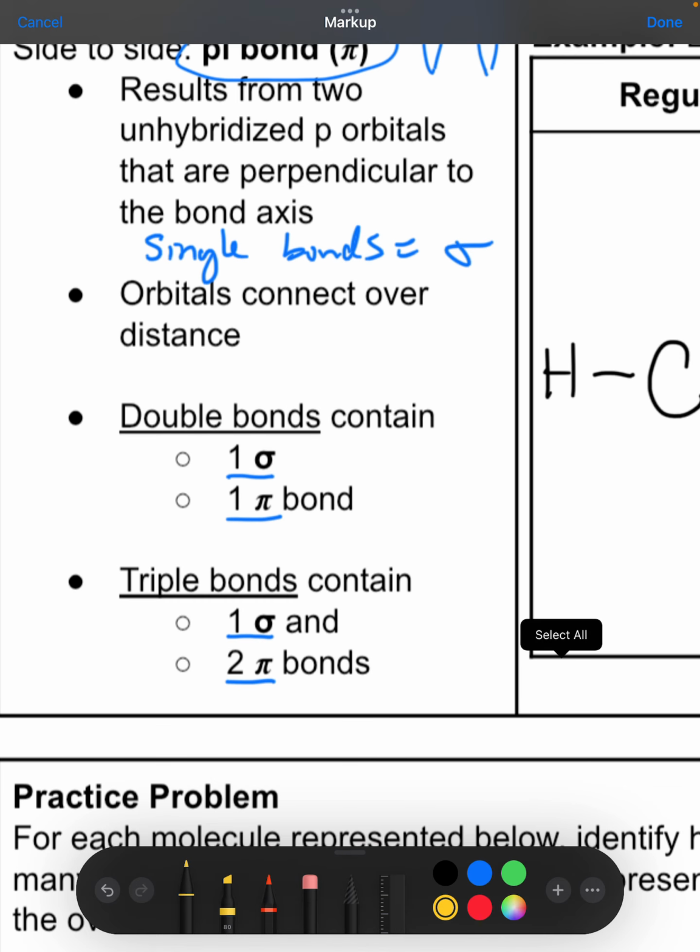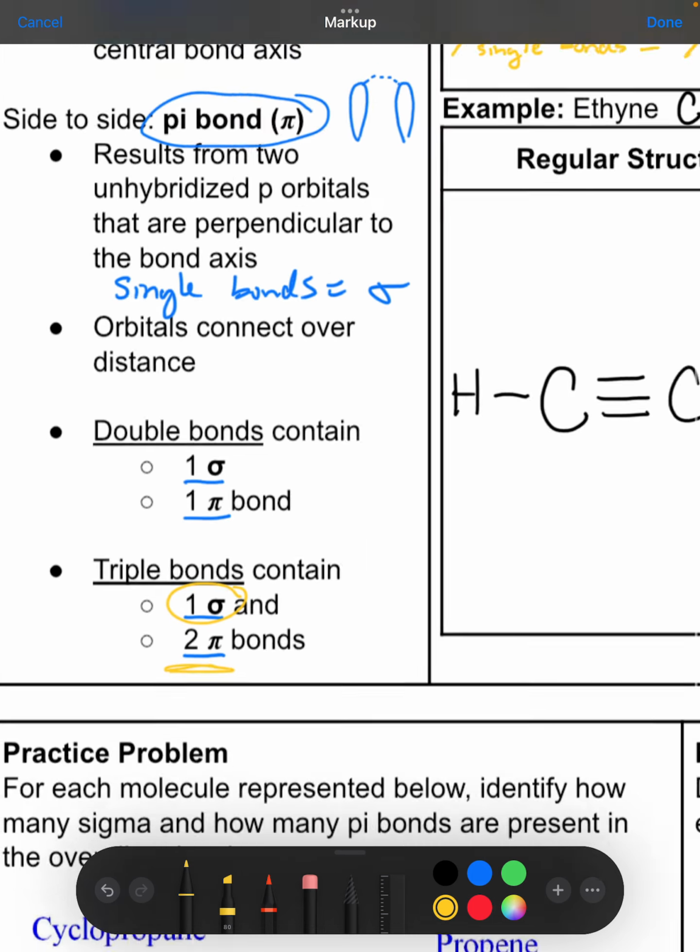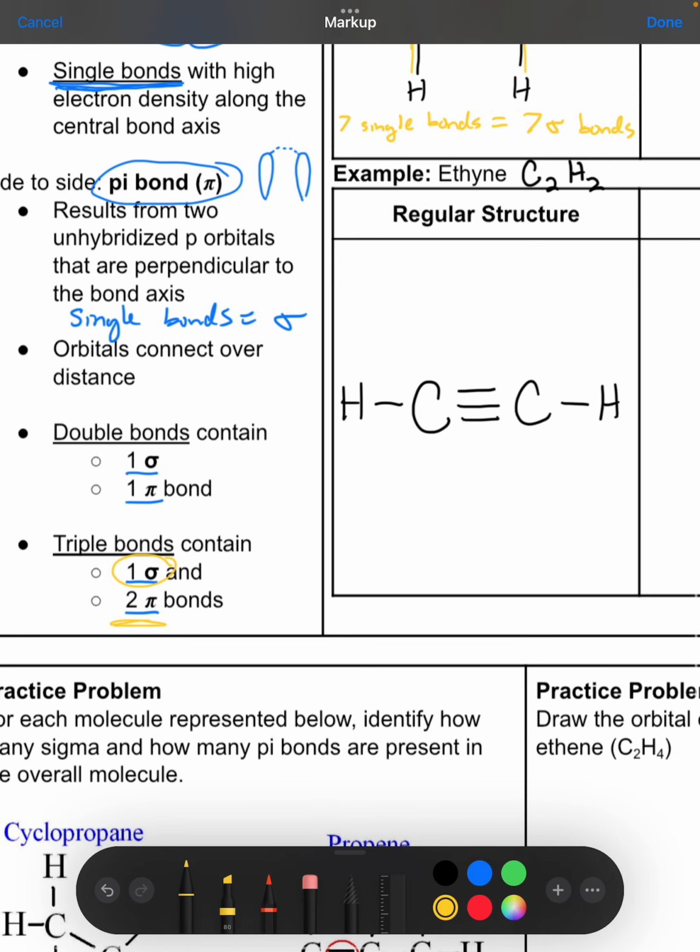Triple bonds do contain a sigma bond, but also they have 2 pi bonds as well. So basically what I'm telling you is every time there's a bond in general, there's a sigma bond. But if you have a double or a triple bond, that means that there might be pi bonds as well. So I see 3 bonds present, which means that there's going to be 3 sigma bonds in this molecule.